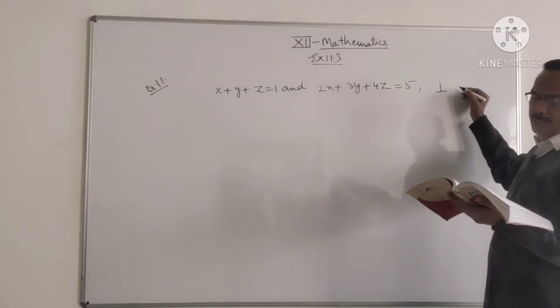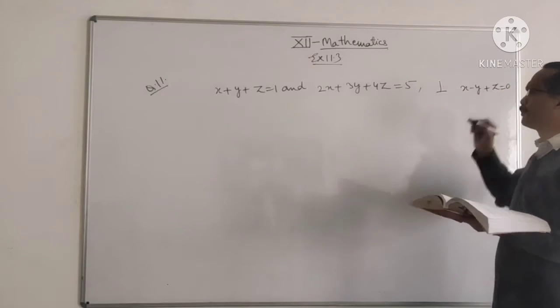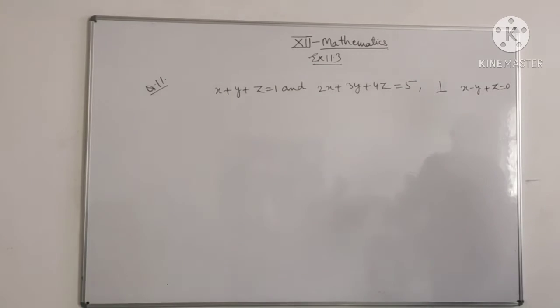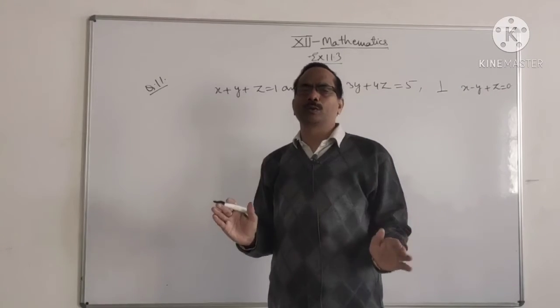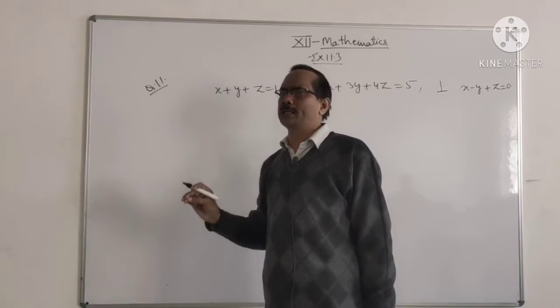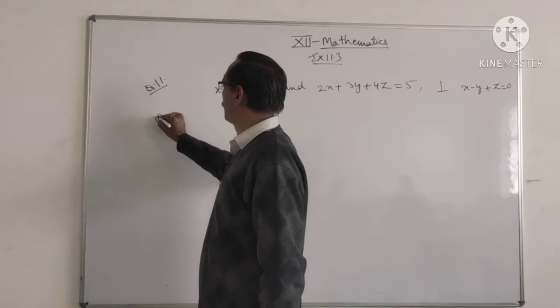Perpendicular plane is x minus y plus z equal to 0. So student, here equation of the plane passing through the line of intersection of two planes is p1 plus lambda times of p2 equal to 0.